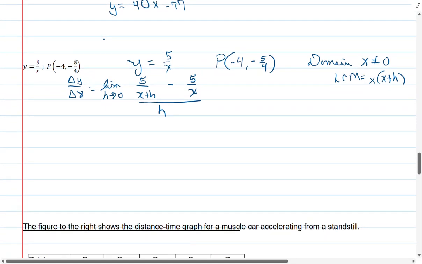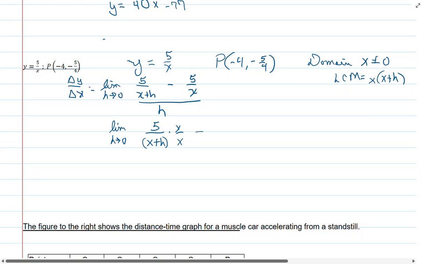So if it's that value, then what I have here is going to be 5 over x plus h times x over x, right? Is everybody clear?